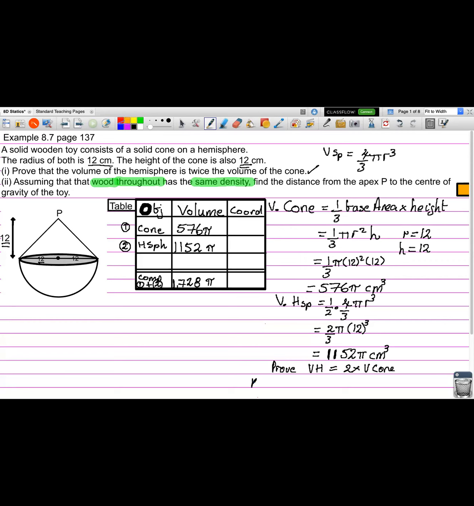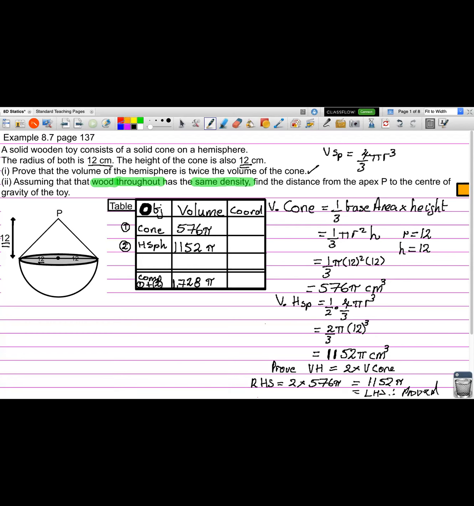So the right hand side is equal to 2 times 576 pi, which is equal, of course, to 1,152 pi, which of course is equal to the left hand side, therefore proved. That strikes me as being a bit silly. Okay then, now on to part 2.